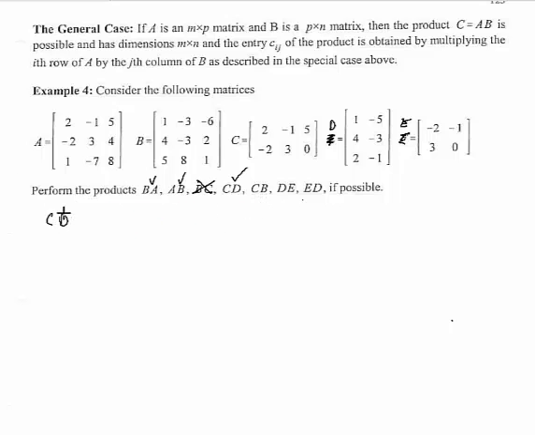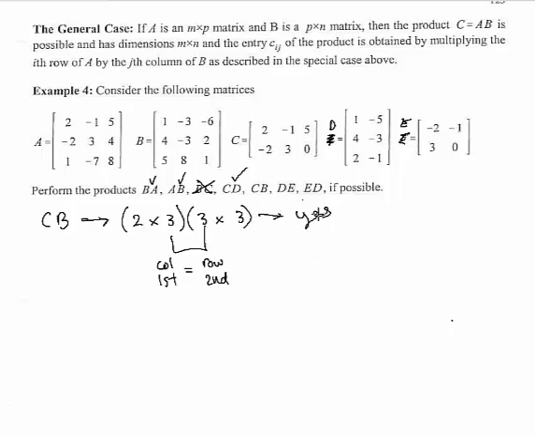So what about CB? Okay, C again is a 2 by 3. B is a 3 by 3. And so columns of the first match the rows of the second. So yes, that one checks.